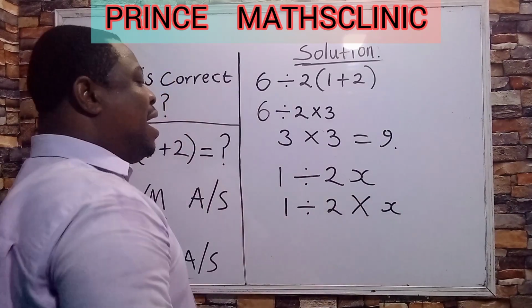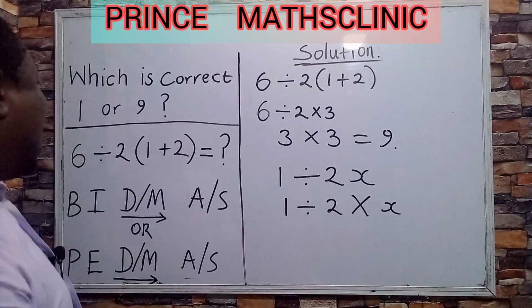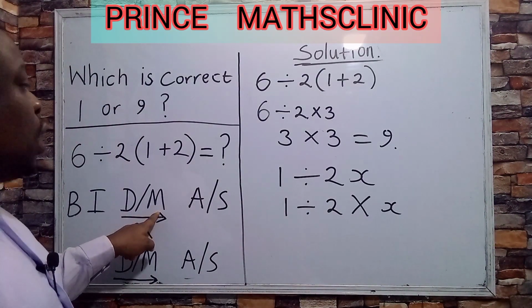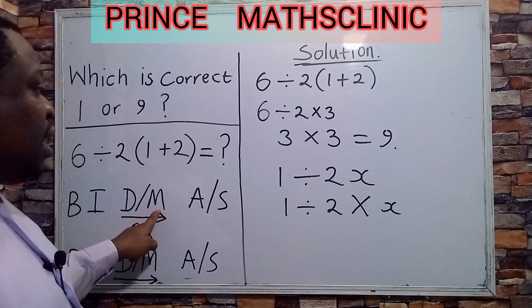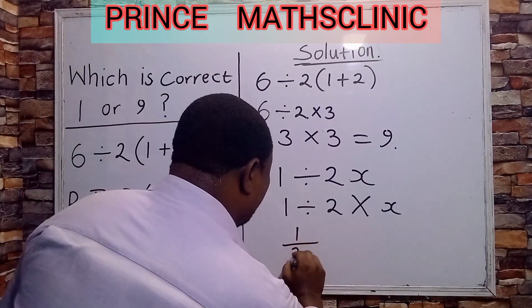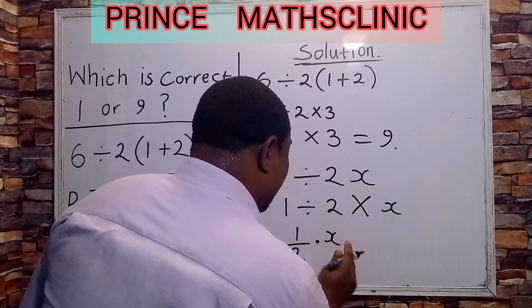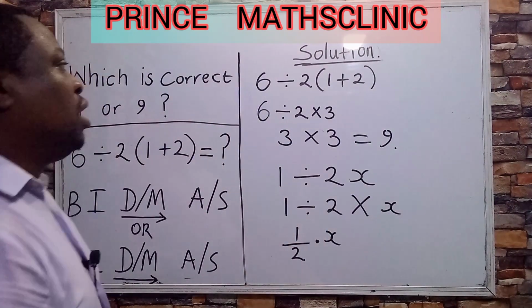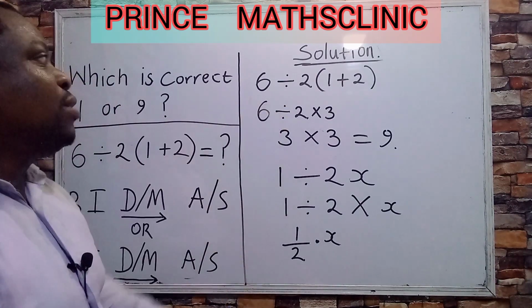2 multiplied by x. So using the principle of BODMAS, now I know that my division comes before what? Multiplication. You can see it now. Division before multiplication. So applying that principle, this will be what? 1 divided by 2 then times x. This is the correct interpretation that we applied in solving this particular problem.